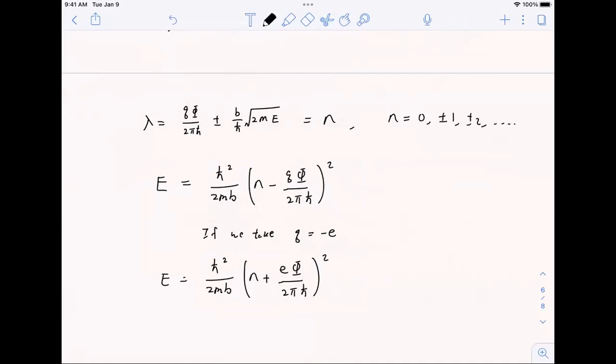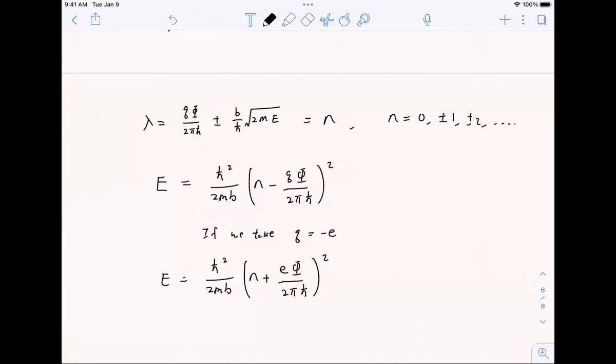This plus or minus, let me see, plus minus. It doesn't matter actually, because after this goes to the other side, you make a square, then the plus minus just goes away. Okay, so this is the result.